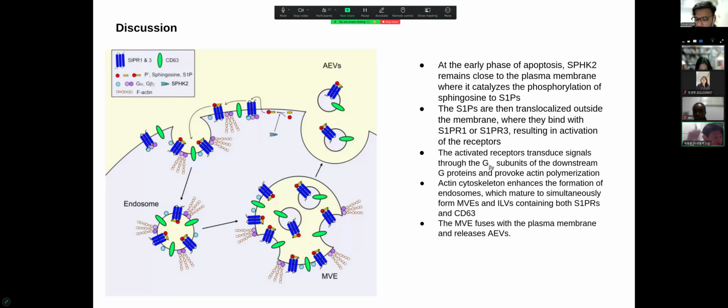So what do you think about that? Why is CD63 expression in the plasma membrane important for exosome-sized vesicle biogenesis?